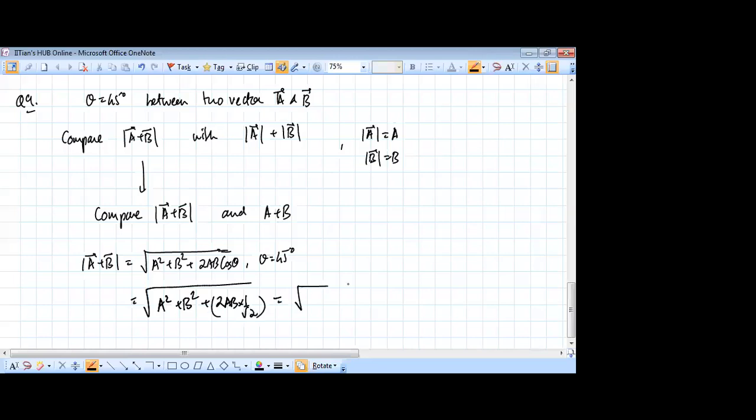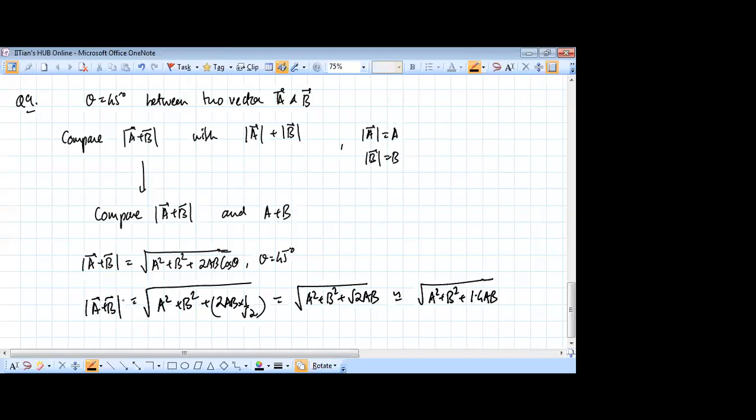Or you can write that as root of A square plus B square plus root 2 times AB. Or you can even further approximate that as A square plus B square plus 1.4 times AB. Approximately like that. Okay. So this is what is mod of A plus B.